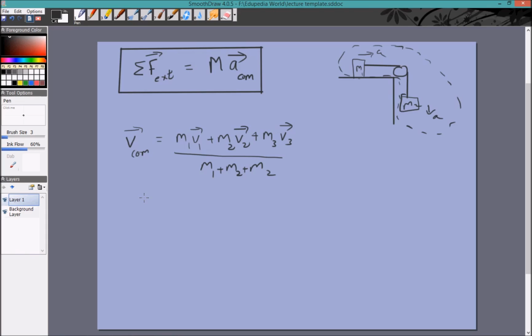But for now, when I say momentum, you can assume it to mean linear momentum, right? So this is equal to P1, momentum of the first particle, plus P2 plus P3. And what is that equal to? M times VCOM. M is the total mass, m1 plus m2 plus m3. So we get another result, summation P is equal to m VCOM.